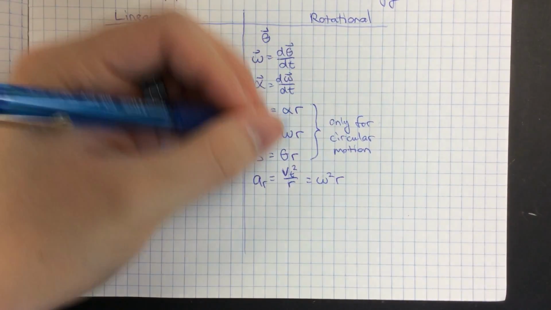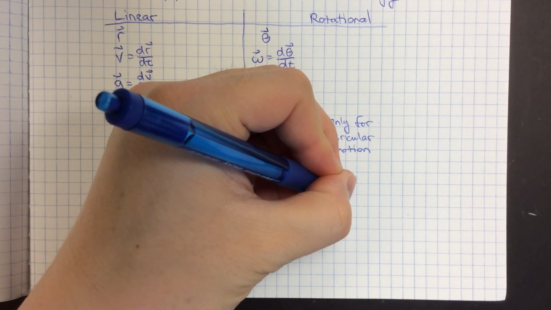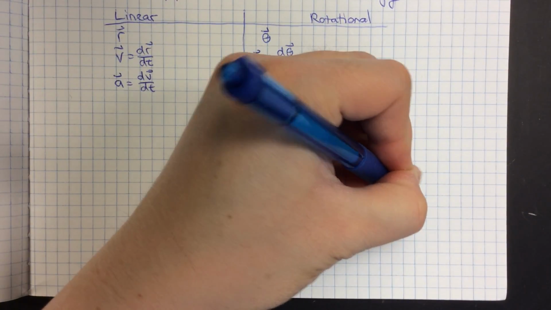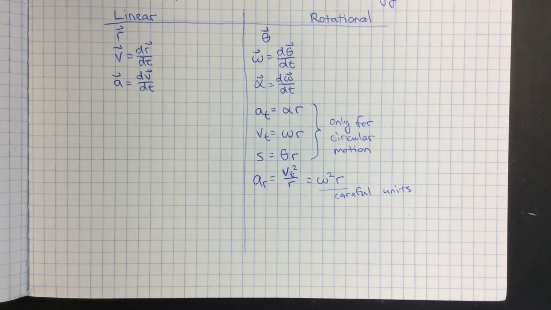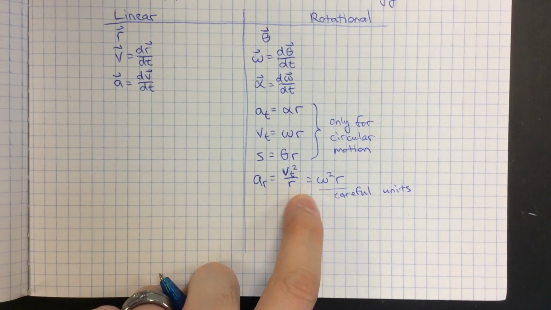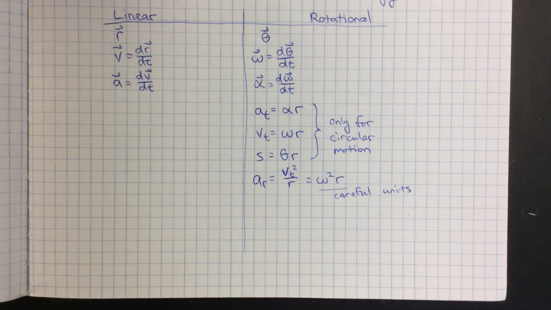But remember, the units get a little wonky when you use this one. Careful with units, because you end up with radians. This is supposed to be meters per square second, and the way radians are a non-dimensional unit can be a little weird.